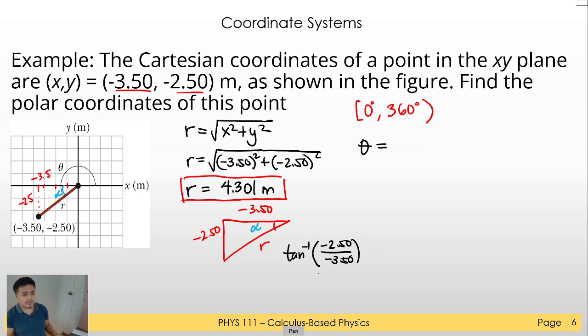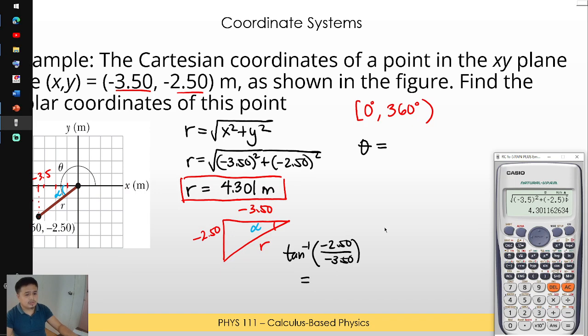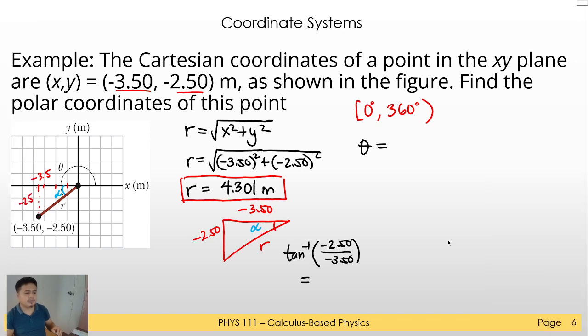So this should be equal to, shift arctangent, negative 2.5 over negative 3.5. So we will find the absolute value of this. This should be in degrees. So let's solve this in degrees. So we have here 35.54 degrees.